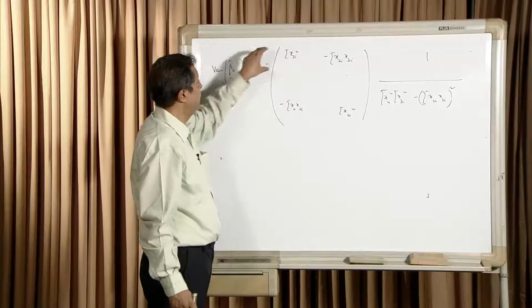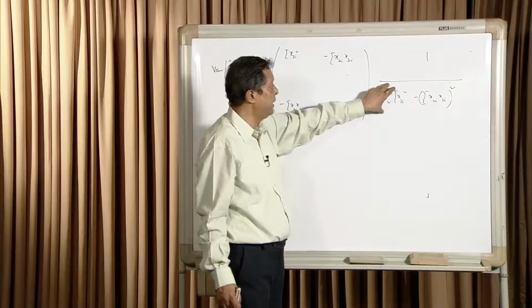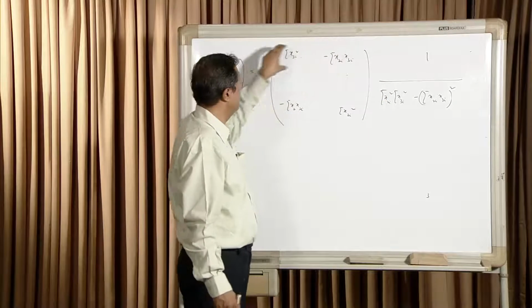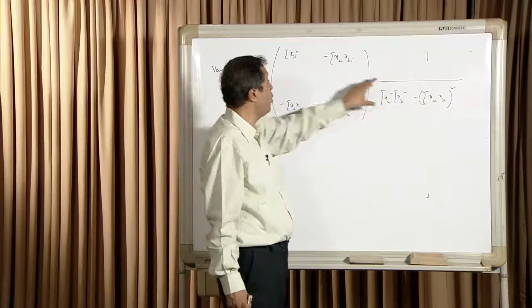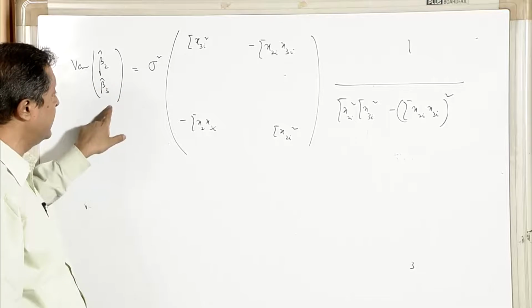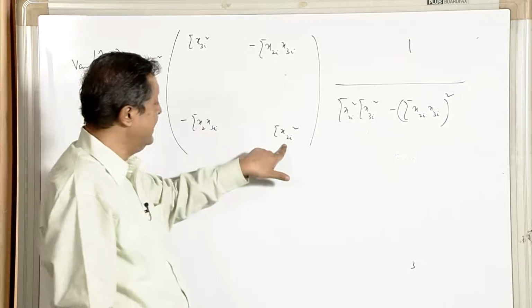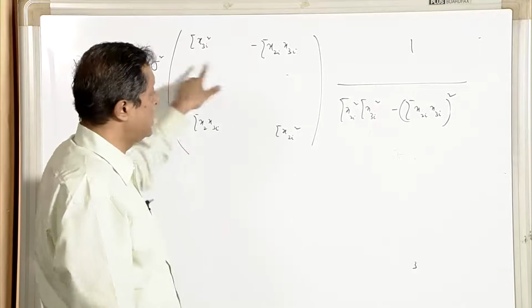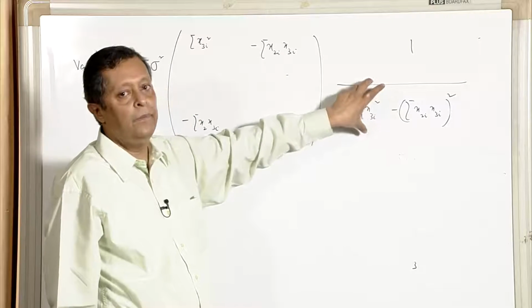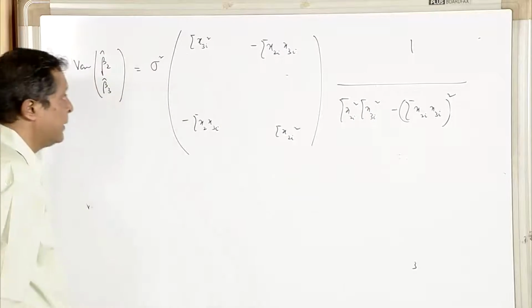This term into sigma square divided by delta is variance. This into sigma square divided by delta is covariance between beta 2 hat, beta 3 hat. Similarly, this one, and finally, this term into sigma square divided by this will be the variance of beta 3 hat.